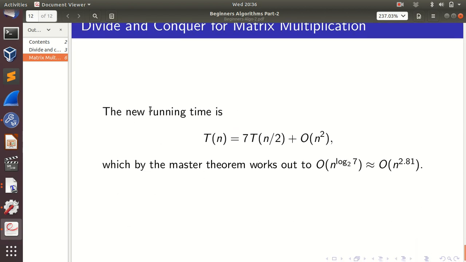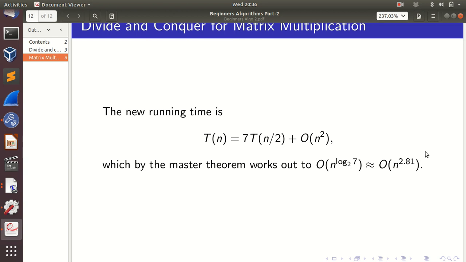So we have a new recursive equation where T(n) is 7 times T(n/2) plus order n square. Earlier we had 8, but now we have just 7. So by Master's theorem, we have n to the power log 7 to the base 2, which is approximately n to the power 2.81, which is actually a very significant improvement compared to n cube.